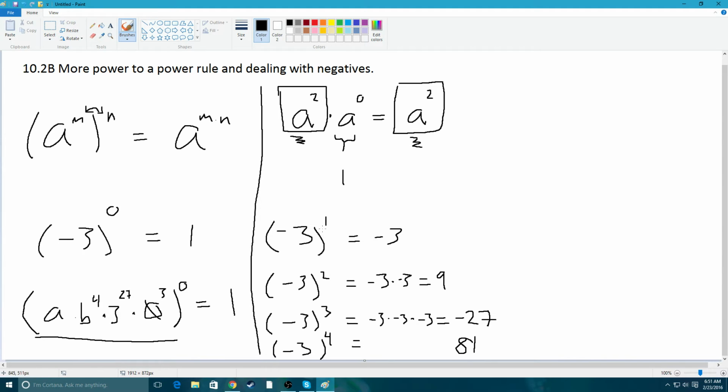Do you see some kind of relationship between the exponents and our answers? What kind of relationship do you see?